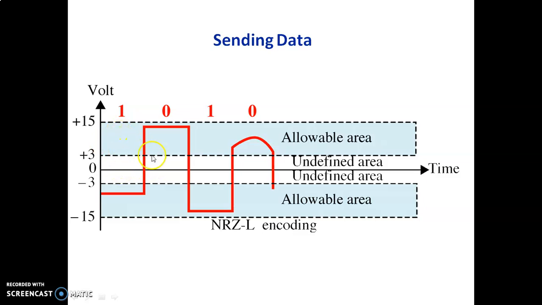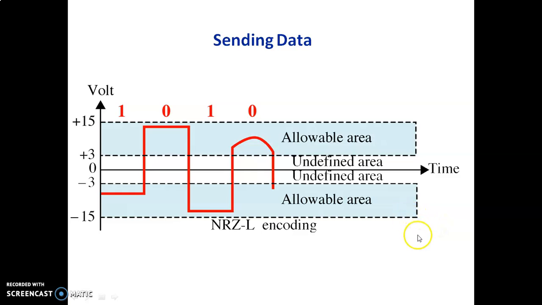A positive voltage is recognized as a 0 and a negative voltage is recognized as a 1. Any signal that falls between -3 and -15 will be recognized as a negative voltage and considered as 1, and any voltage between +3 and +15 is a positive voltage and will be considered as a 0. Anything between -3 and +3 is an undefined area and is of no use.